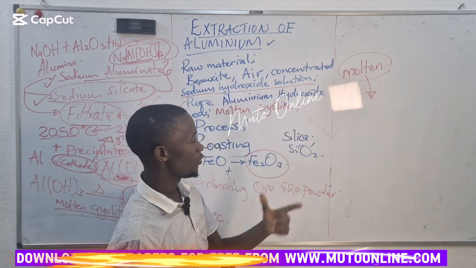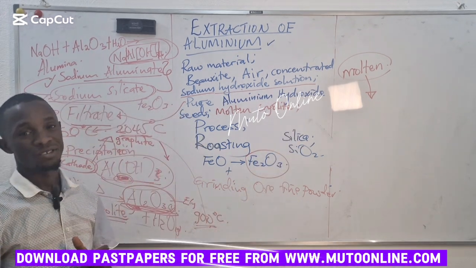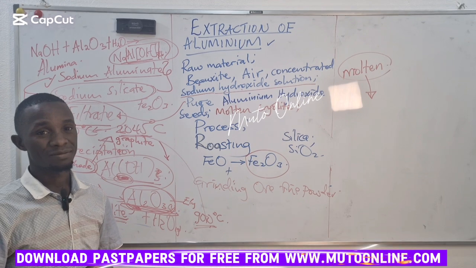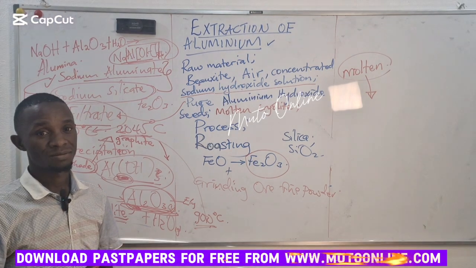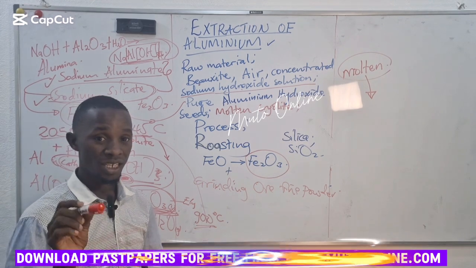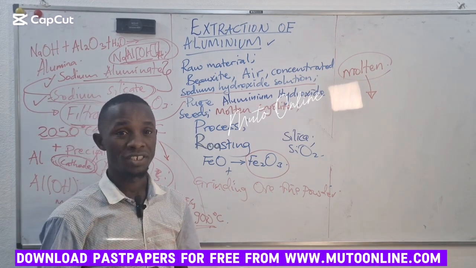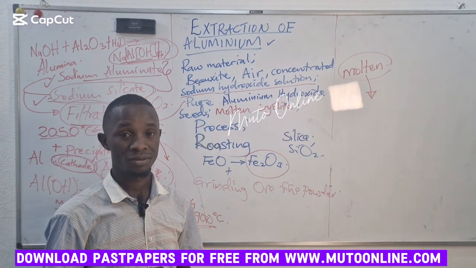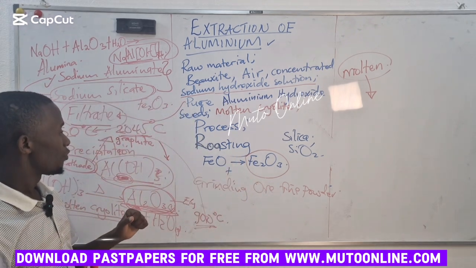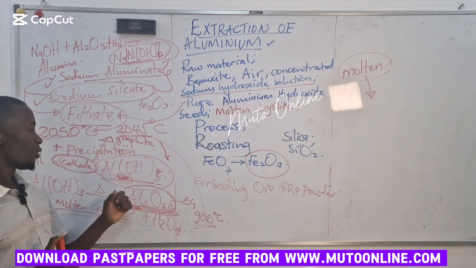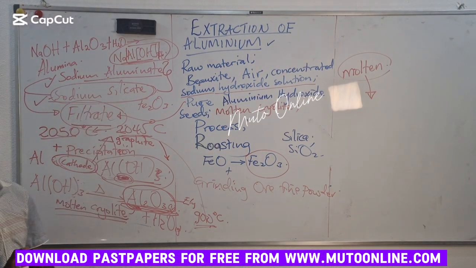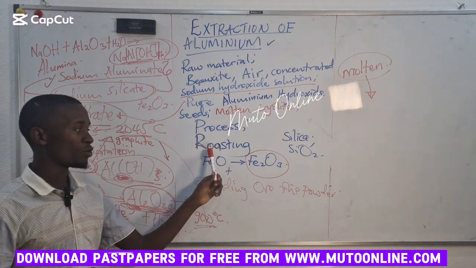So this process of extraction has a number of side effects. Very many. I'm going to talk about a few, but you can put some in the comment section. One, we are using a lot of heat with this process of roasting.